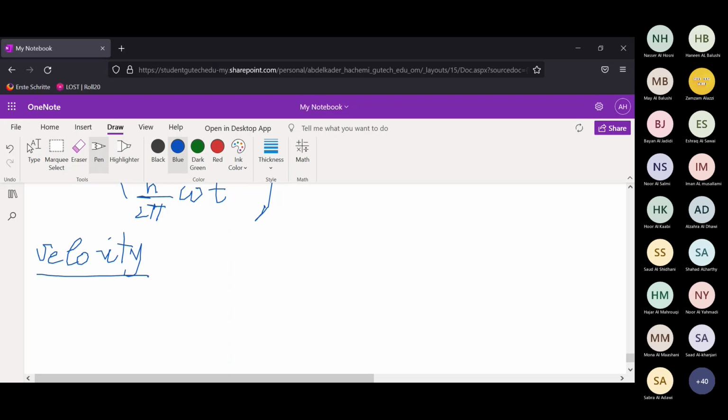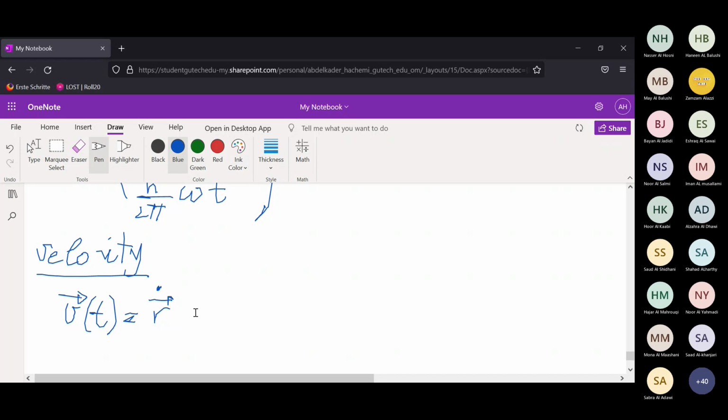By definition, v as a function of time is r dot, the time derivative of the position vector.